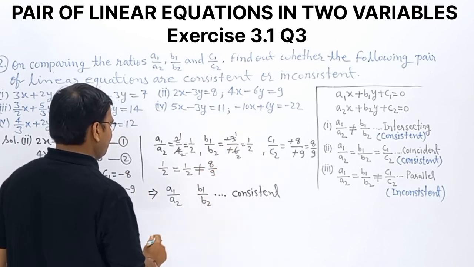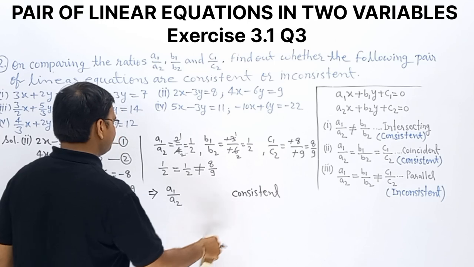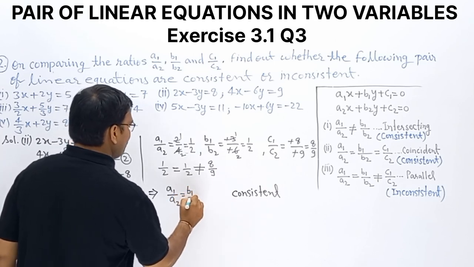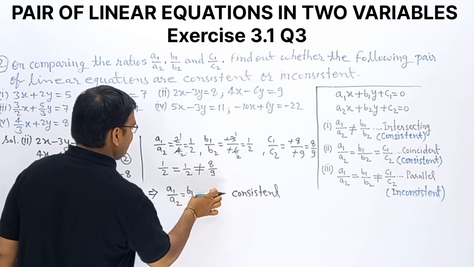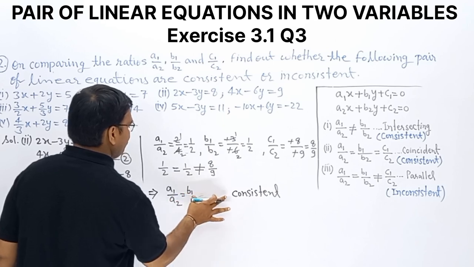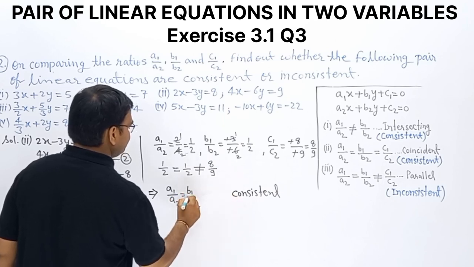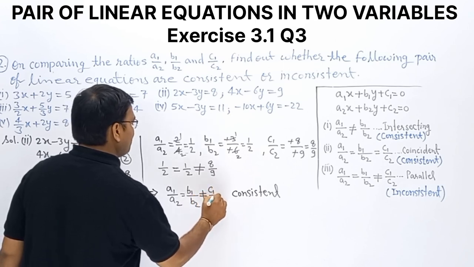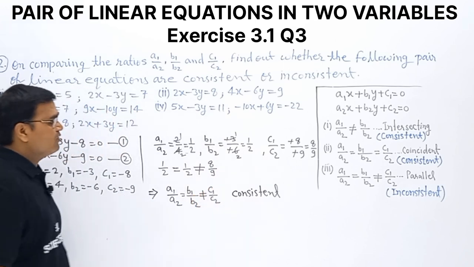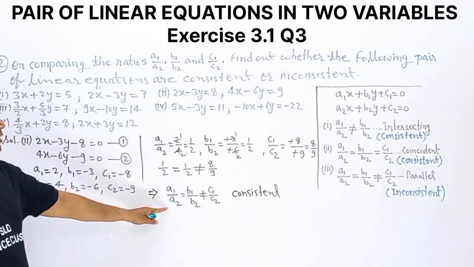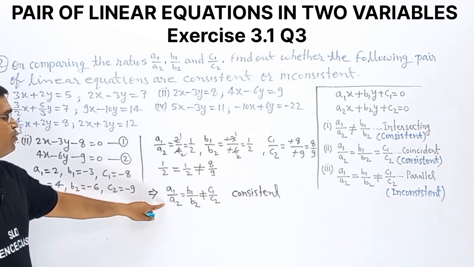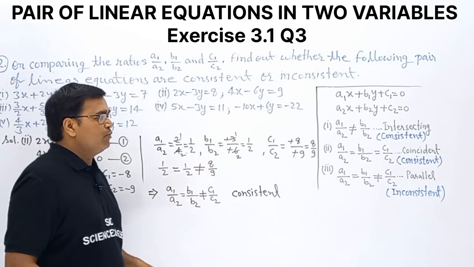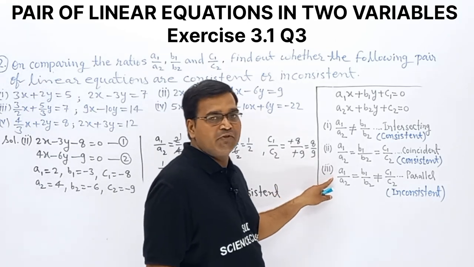So we can say a1 upon a2 is equal to b1 upon b2, but not equal to c1 upon c2. Yes or no? It means this is condition number 3.